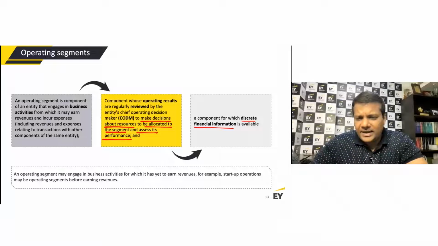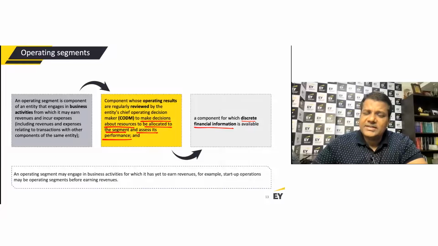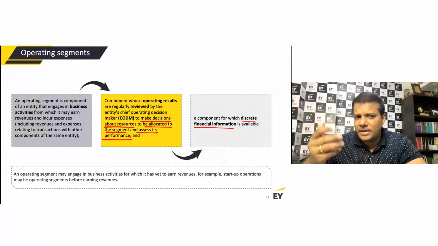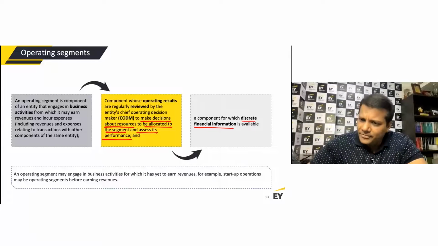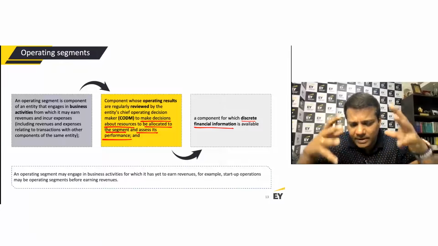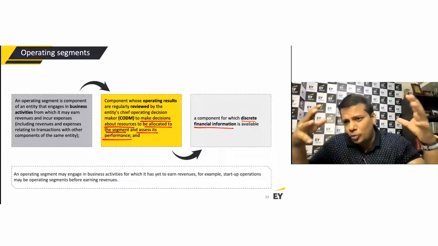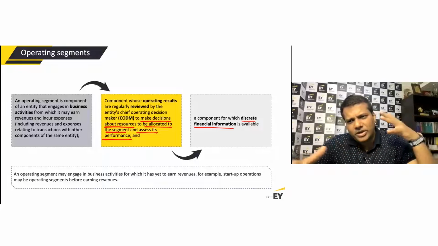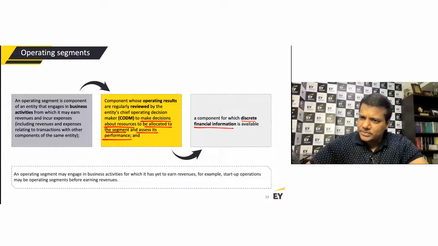An operating segment may engage in business activities for which it has yet to earn revenues. For example, startup operations may be an operating segment before earning revenue. So it's possible that something qualifies as an operating segment and you may not have revenues. That's not a common situation, but it is possible.